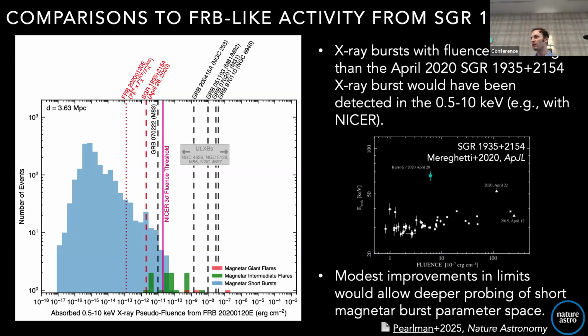And you might find that surprising given the high brightness of the radio burst, but it does allow you to make a statement about ruling out other types of bright X-ray bursts from an SGR 1935-like magnetar. And what I'm excited about with AXIS is that modest improvements in the sensitivity, which will be provided by AXIS, will really enable us to probe deeper into this parameter space of magnetar short bursts.